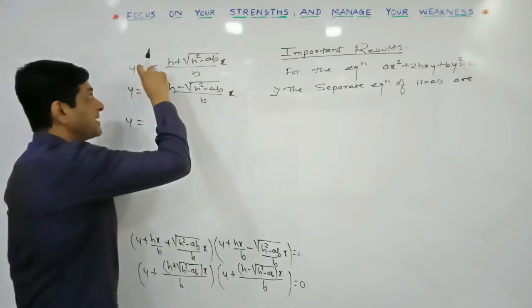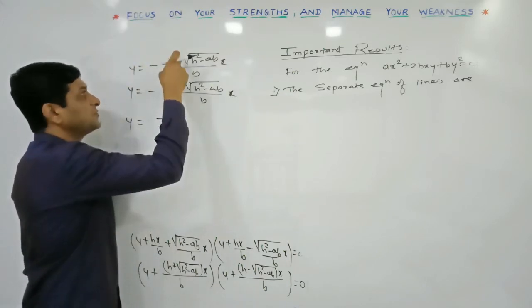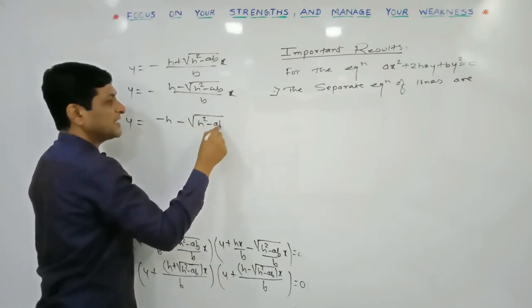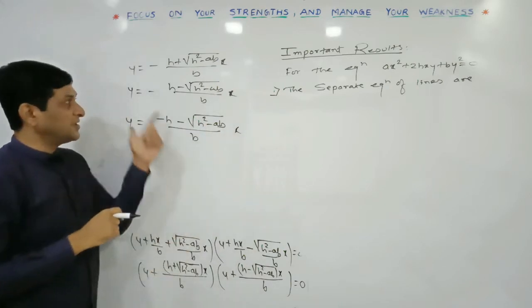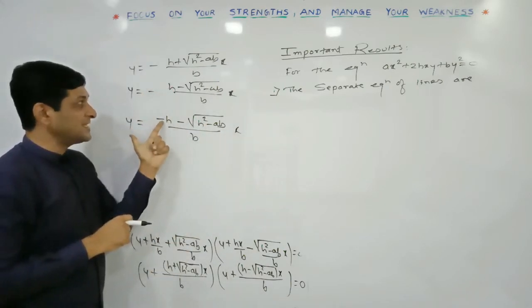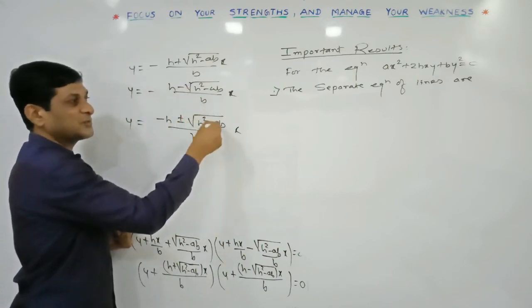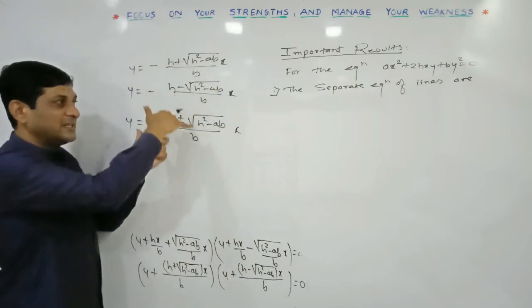If I am multiplying by minus, here we will get minus h, and plus into minus will become minus under root h square minus ab upon b into x. And for the second equation, minus into h is minus h, minus into minus will become plus under root h square minus ab upon b into x, meaning we are combining these two equations.